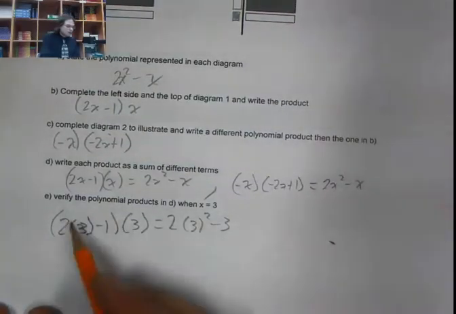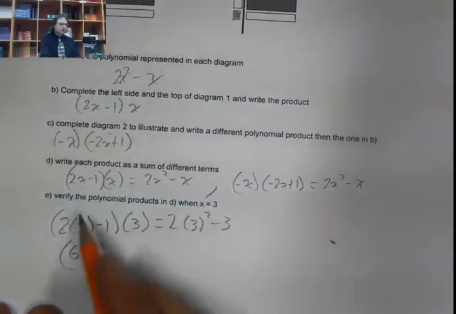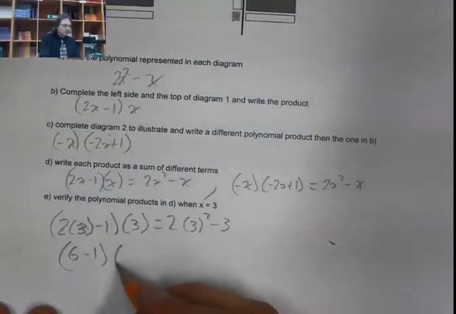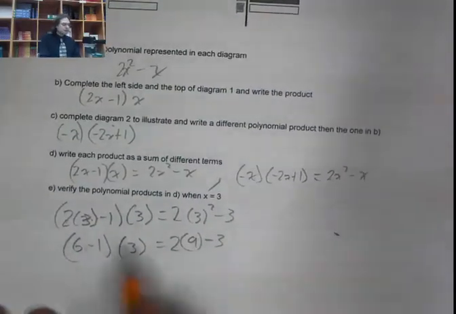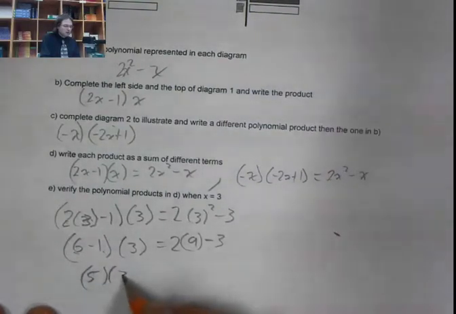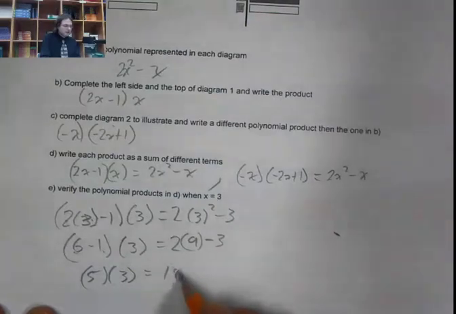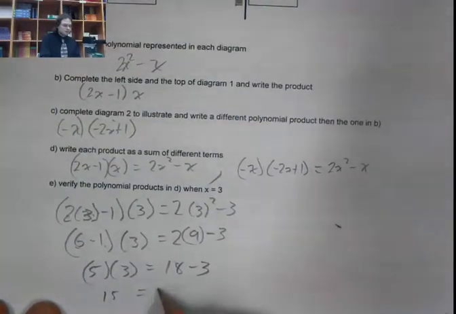So we do our brackets first: 2 times 3 is 6, minus 1, is 5. Multiply by 3 gives me 15. And 3 squared is 9, so 2 multiplied by 9 is 18, subtract 3, and this gives me 15.